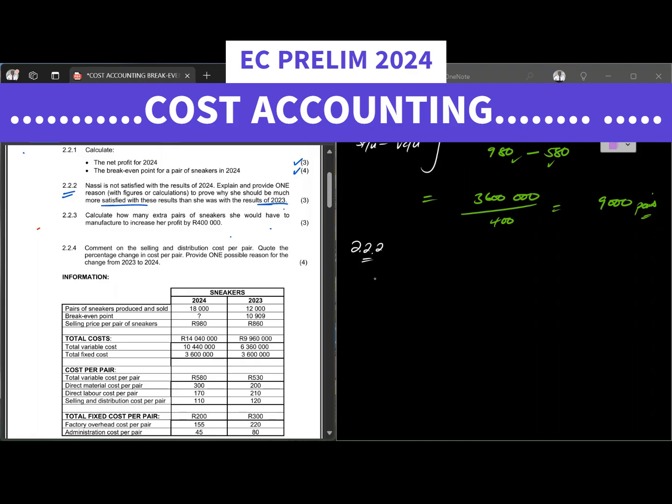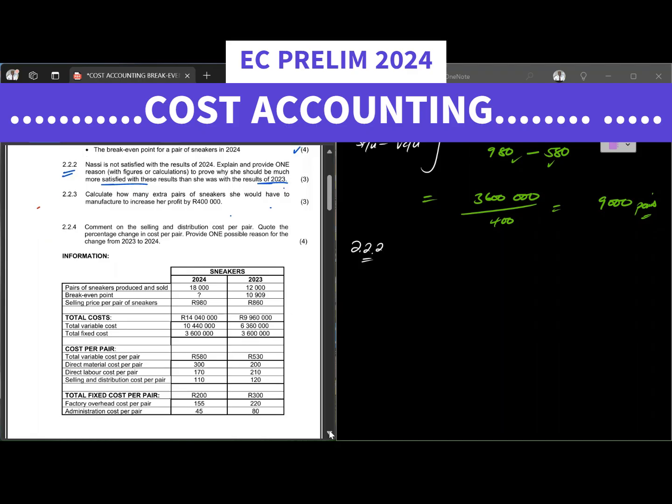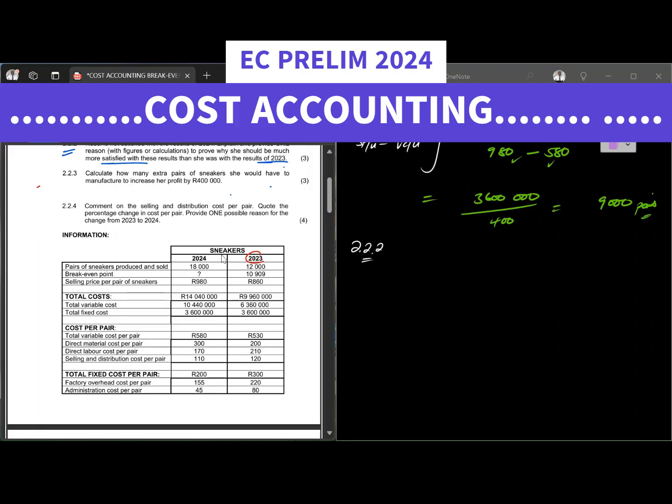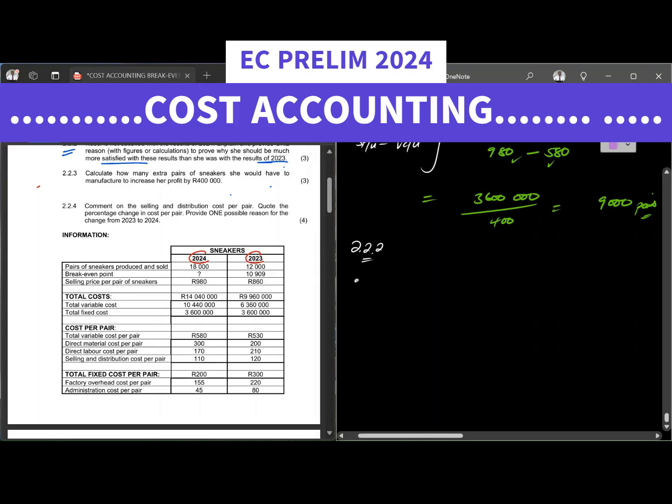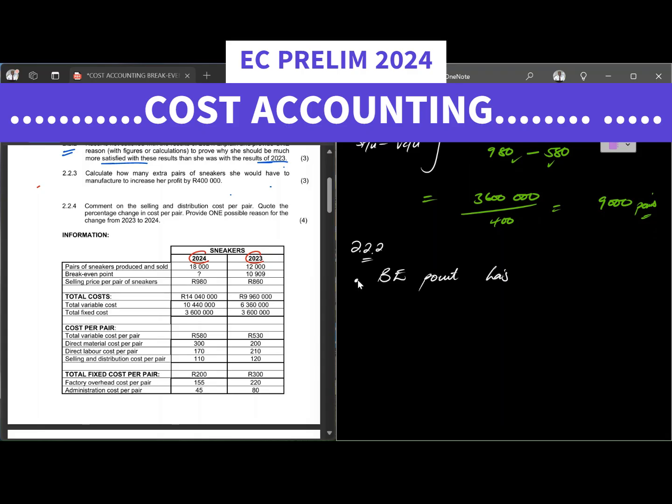Okay, so let me start with the first point. All right. So with the first point, I'm now going to say, here is my 2023 and here is my 2024. Okay. So in 2023, the break-even point, remember here, the break-even point in 2024 is 9,000.